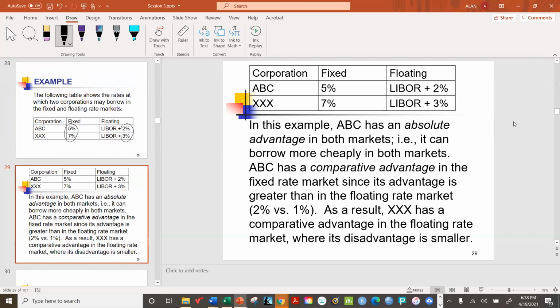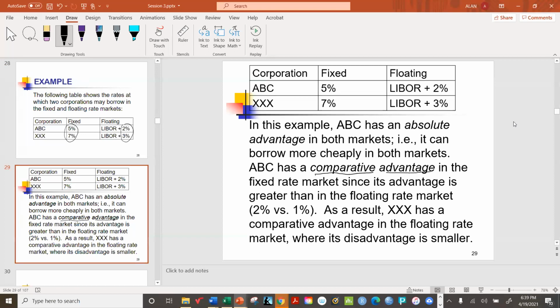And in economics, we say that ABC has a comparative advantage in the fixed rate market because its advantage is greater than in the floating rate market, 2% versus only 1%.